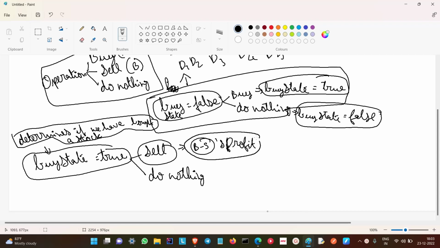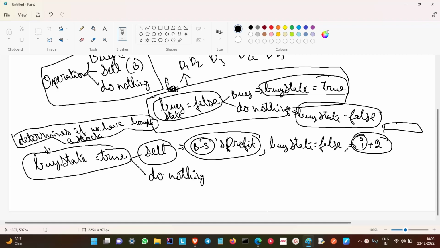Along with it, we'll change the buy state to false and, if we are present in the ith day, we'll move to the i plus 2th day. We can't buy on the next day, so we are moving to the i plus 2 day.